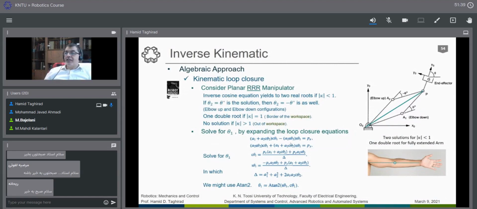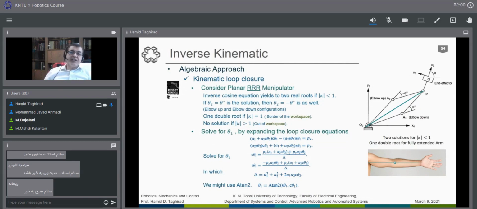This is a linear matrix equality, very simple. If you consider cosine of theta as x and sine of theta as y, we have ax plus by equal to something known, and cx plus dy equal to something known.